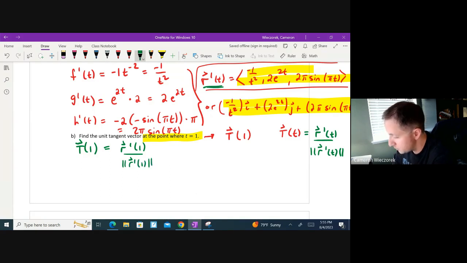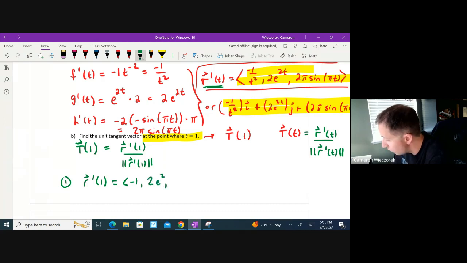And we already have an expression for r prime, and we can very easily plug 1 into it. So step 1, I'm going to calculate the numerator. R prime of 1, using my expression from part A, would be negative 1, 2e squared. So I'm just plugging 1 in for t in my expression from part A. And 2 pi times the sine of pi would be 0.